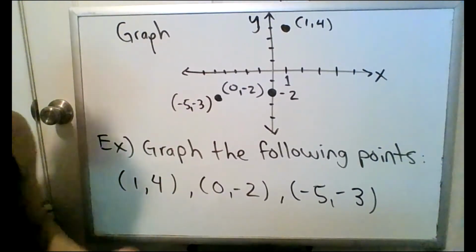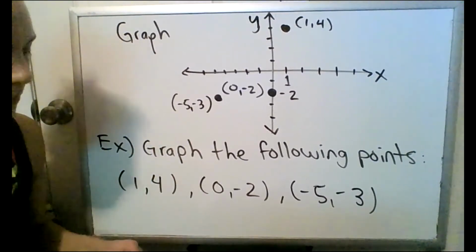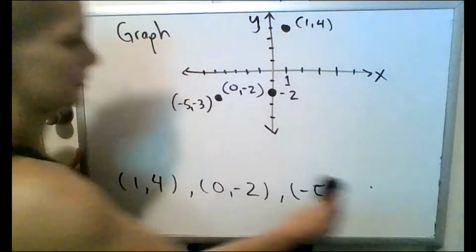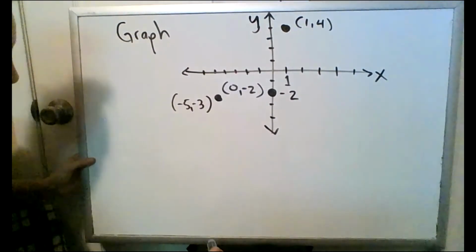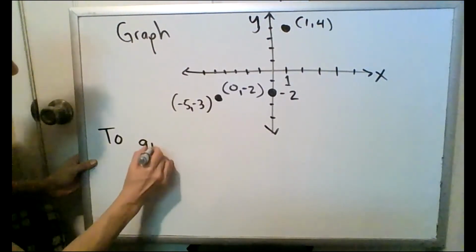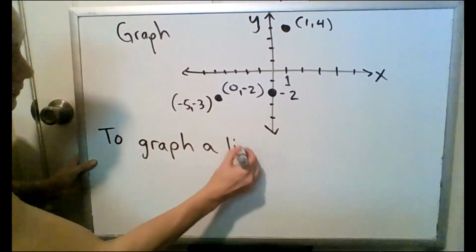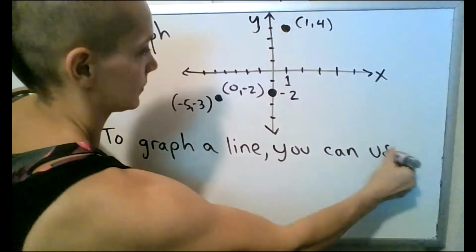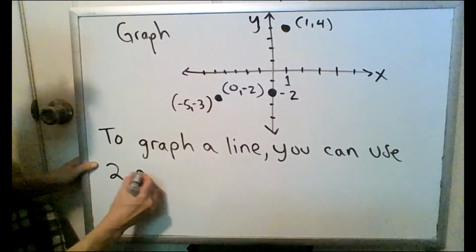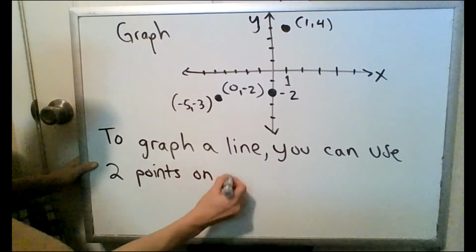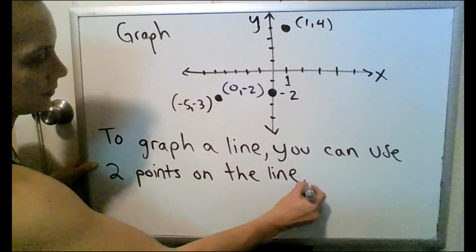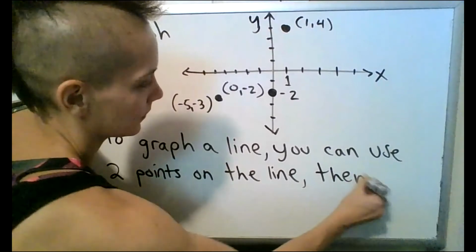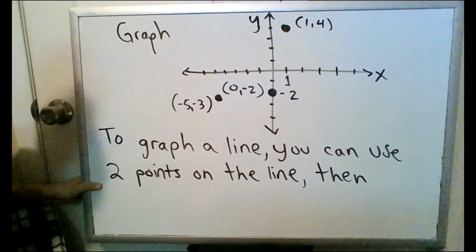Okay, to graph a line, you need 2 points on the line, and then you can connect them, drawing straight through. After you find the points, you can draw that straight line through them.